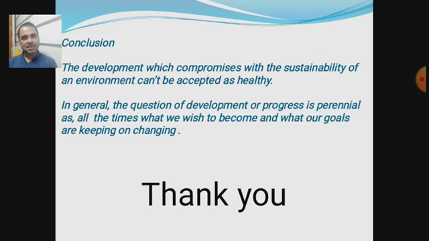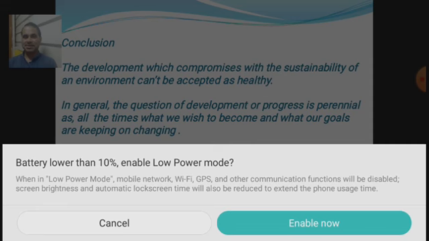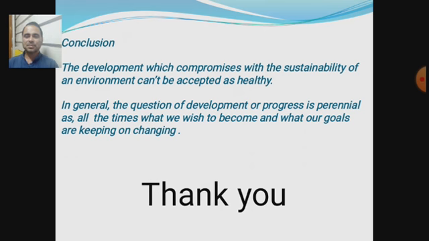When is a person or a nation called developed? When they are able to fulfill their goals, but without ignoring the non-materialistic ideas. This is overall what the chapter talks about.